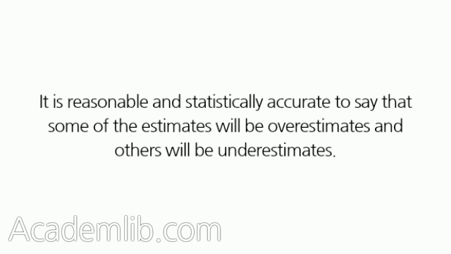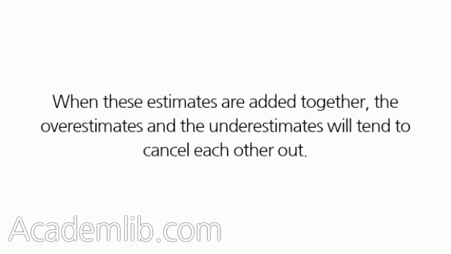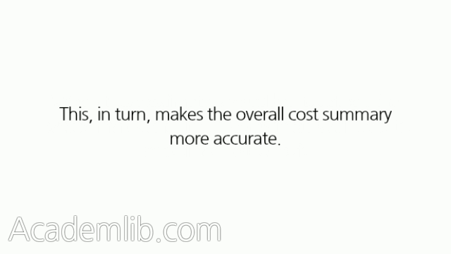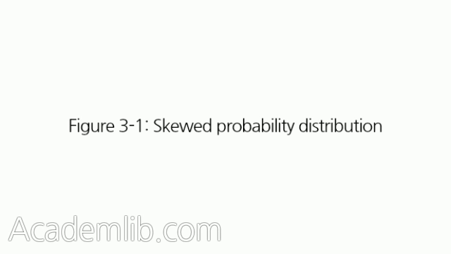It is reasonable and statistically accurate to say that some of the estimates will be overestimates and others will be underestimates. When these estimates are added together, the overestimates and the underestimates will tend to cancel each other out. This, in turn, makes the overall cost summary more accurate. Figure 3.1, Skewed Probability Distribution.